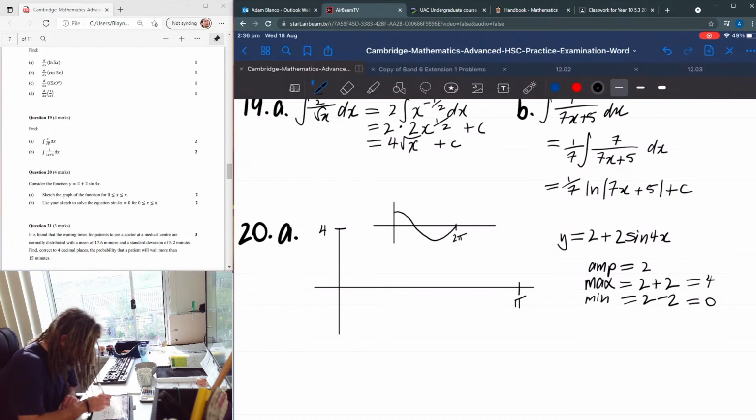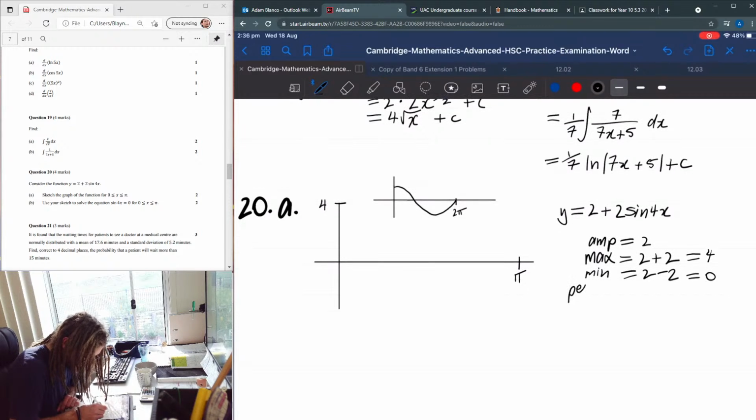Now, what am I doing now? I want this 4, so the period. The period is 2 pi on n. N is this thing, so 2 pi on 4, which means pi on 2.